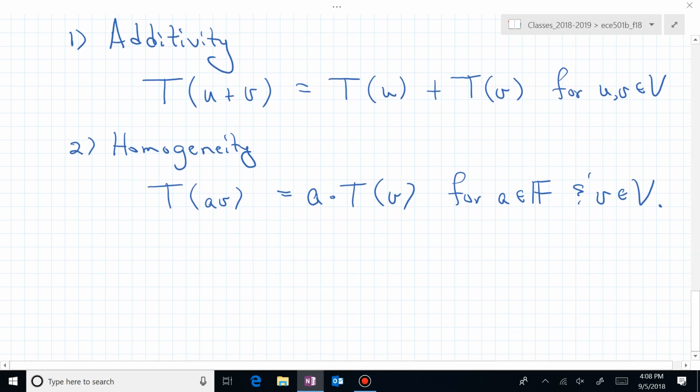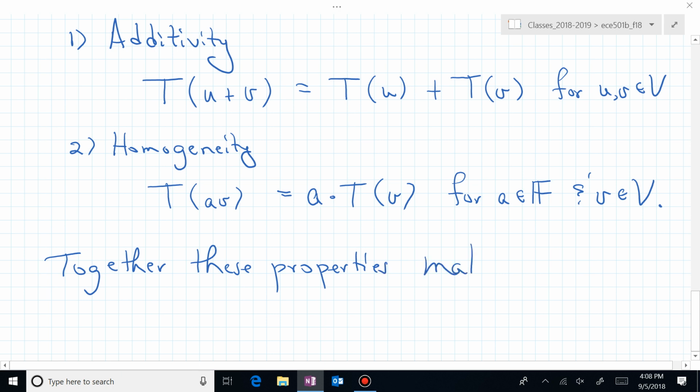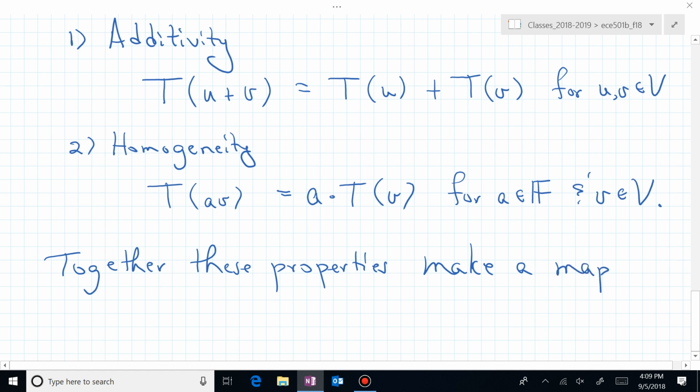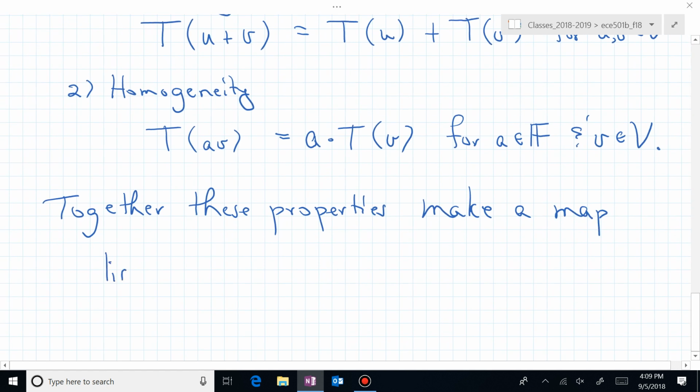So together, these properties make a map linear.